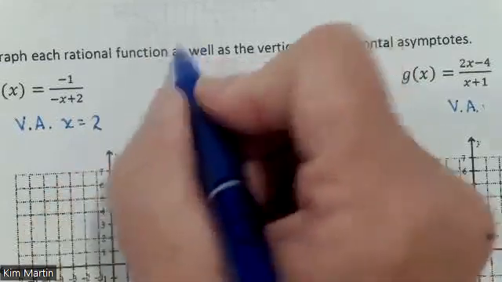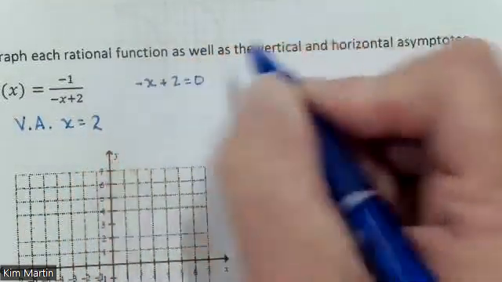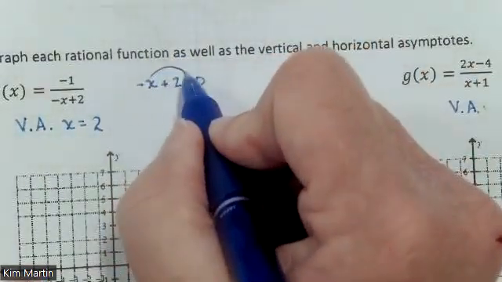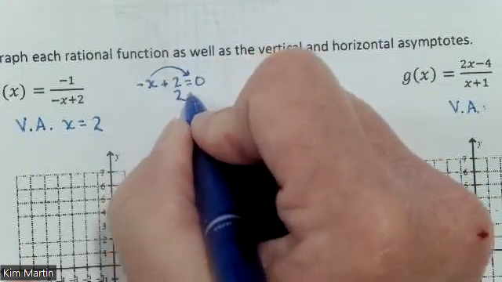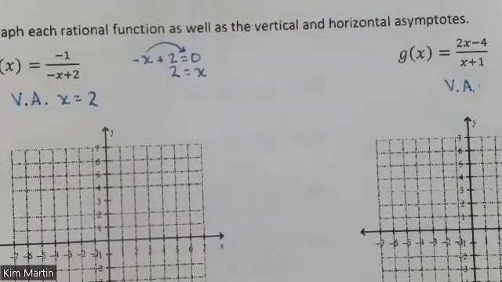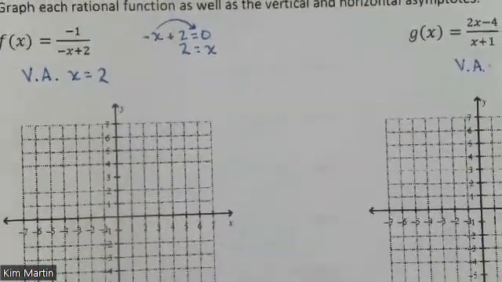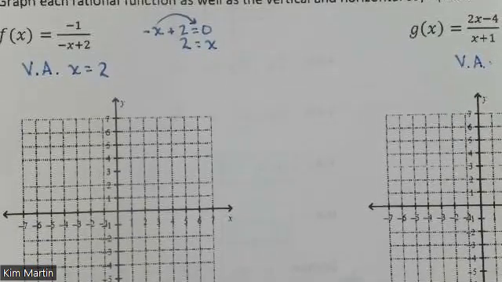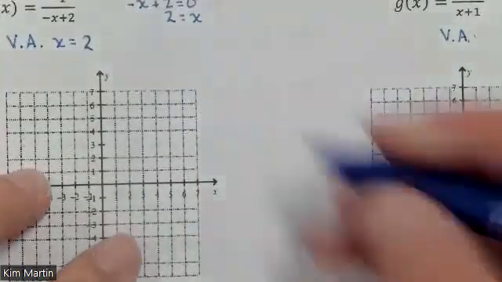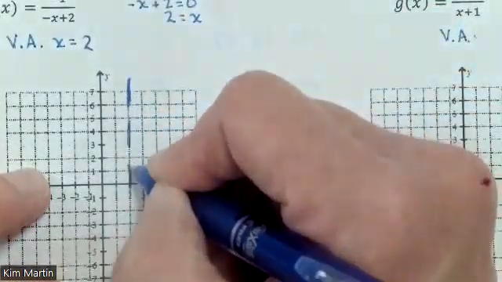X equals 2, because again, you have negative x plus 2 equals 0. You can subtract 2 and divide by -1, or you can just take this x to the other side and get 2 equals x. Okay, so when you are asked to graph these, all you have to do is go over here at 2 and put a vertical asymptote at 2.